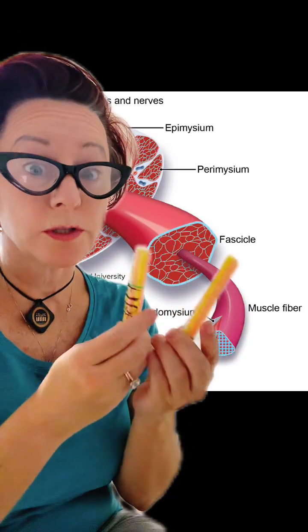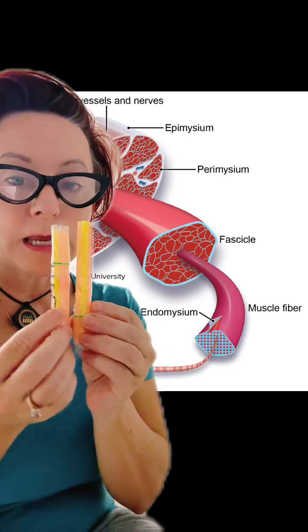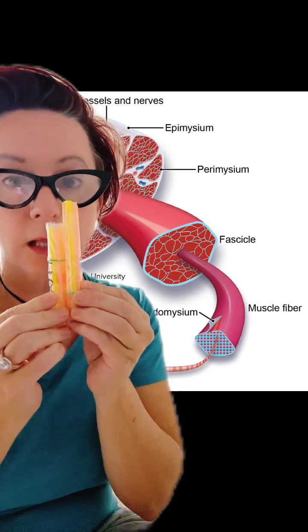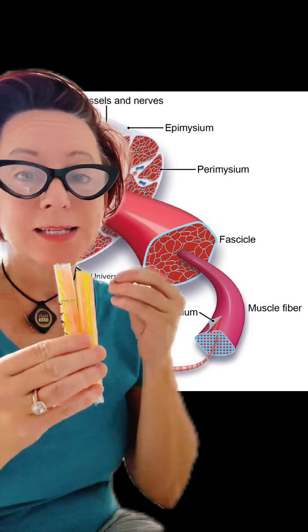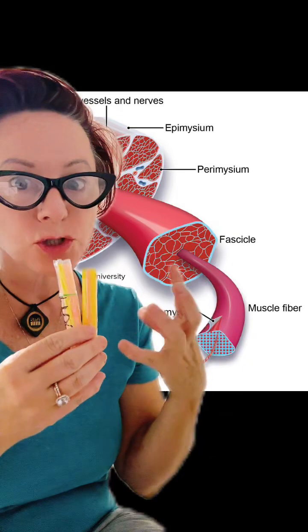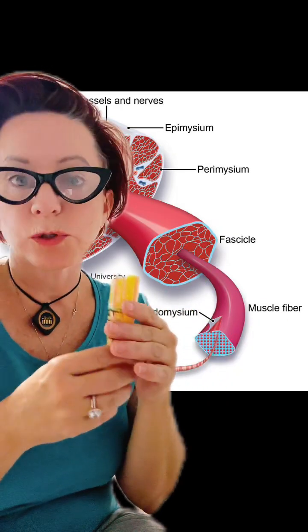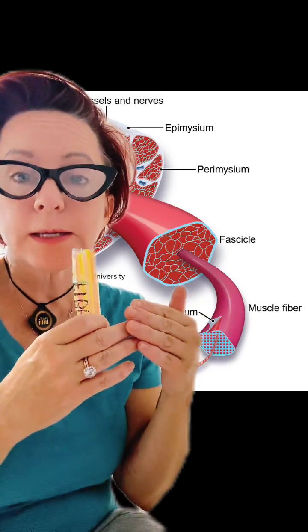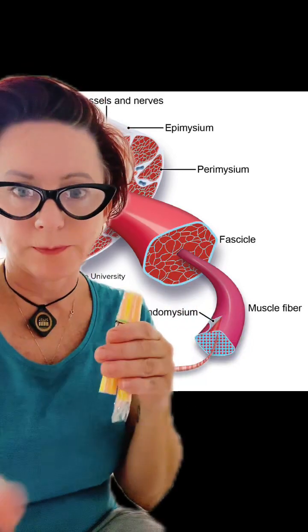Let's go down to the small muscle fiber. If your fascia is dry and sticky, it will not slide and glide. We are meant to have muscles that slide and glide against each other. That's how contractions happen when we're talking about muscle movement. And technically, muscles lengthen and they shorten.